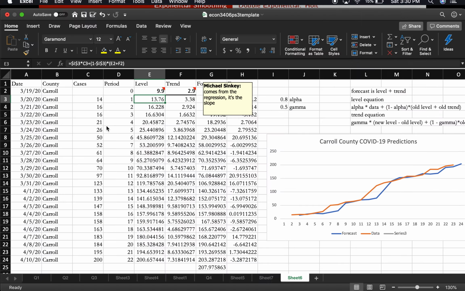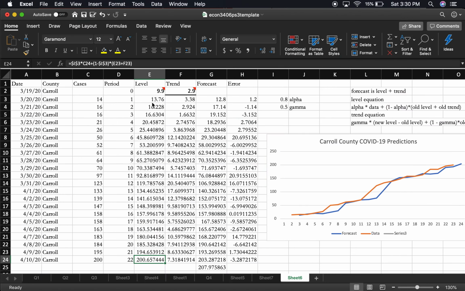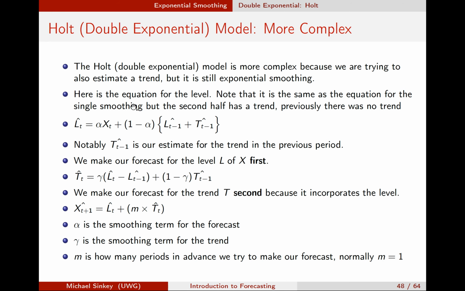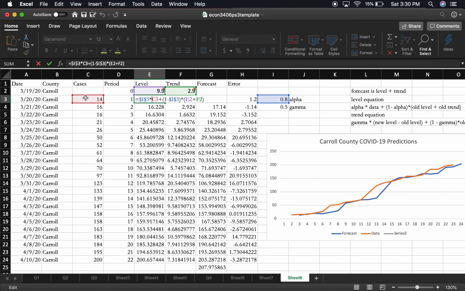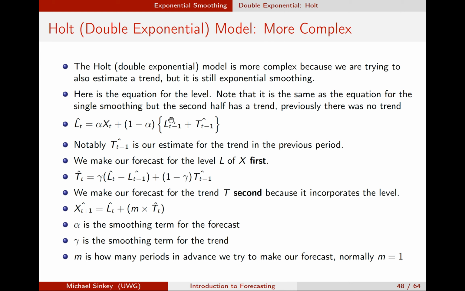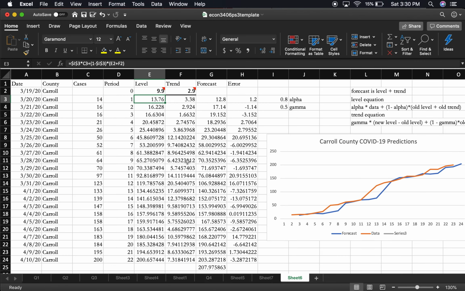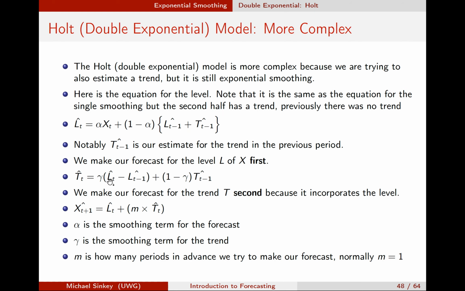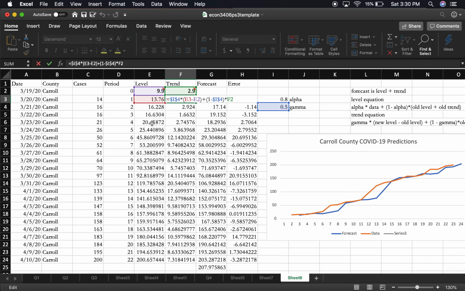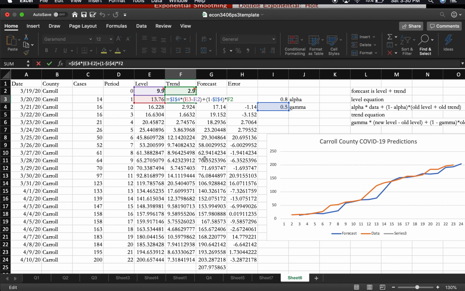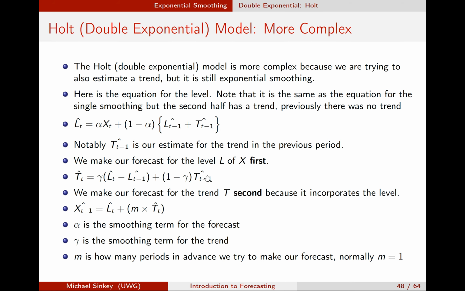Red is the data, purple is the old level, green is the old trend. Then we have a trend equation. Red is the current level, purple is the old level, green is the old trend.